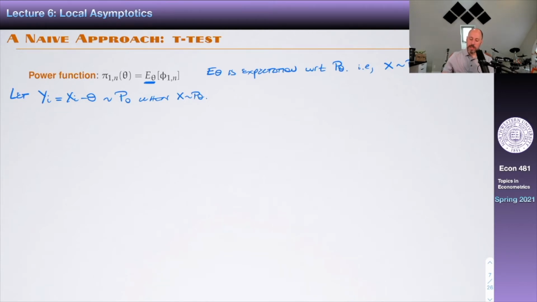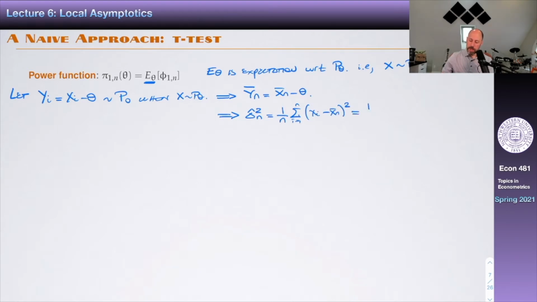Okay, and so then I'm going to use two tricks, which is first to know that y bar n is, of course, x bar n minus theta. We're going to use that. And then the other one that is more subtle, but still clean, is sigma hat square n, which we define as 1 over n, the sum from 1 to n of xi minus x bar n square.